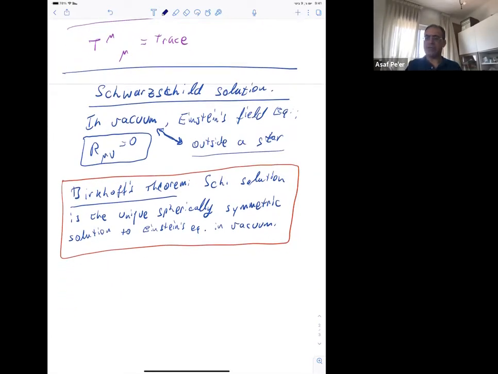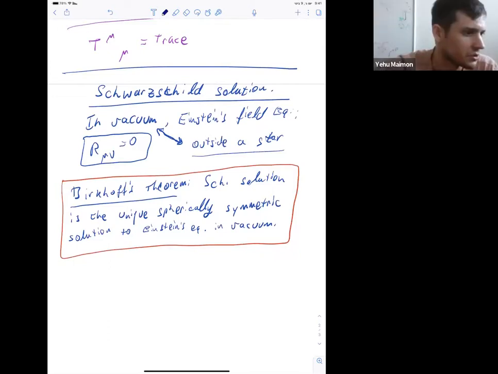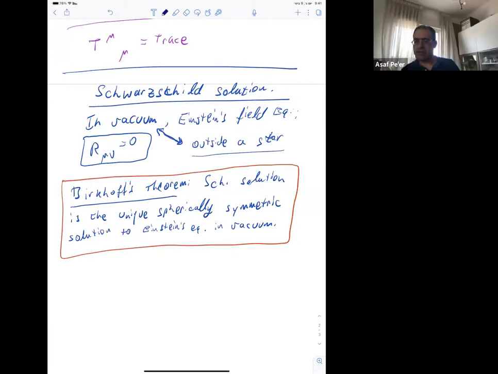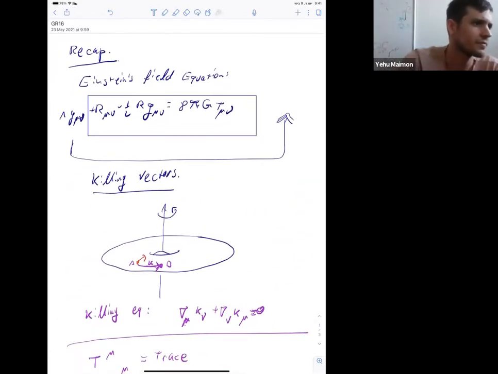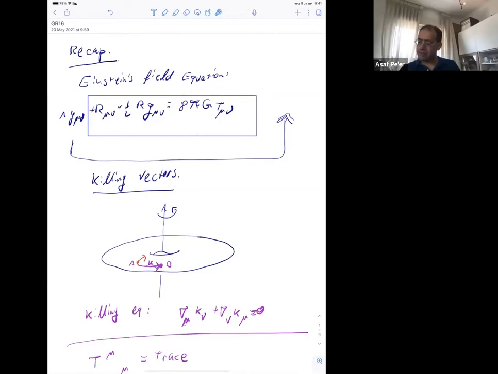By the way, any questions? Can you explain again what R mu nu is 0? R is the Ricci scalar. If I put vacuum here, R mu nu is equal to 0, and automatically R is 0.